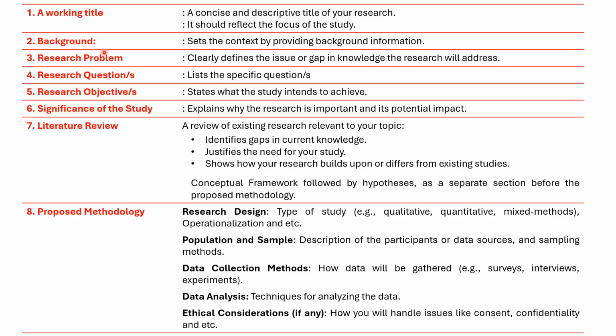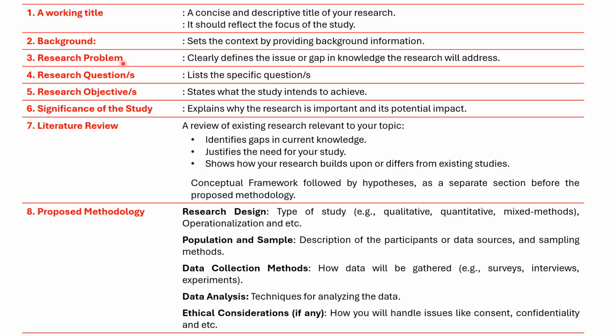Here you want to illustrate why we consider this research problem as this important. That's what you need to write under the background. So you need to discuss the current trends, current debate, current argument of the topic under consideration under the background of the study. Then we are moving to the research problem.